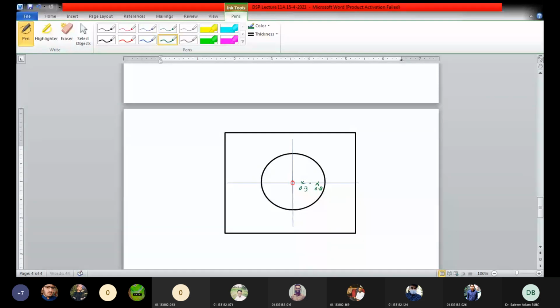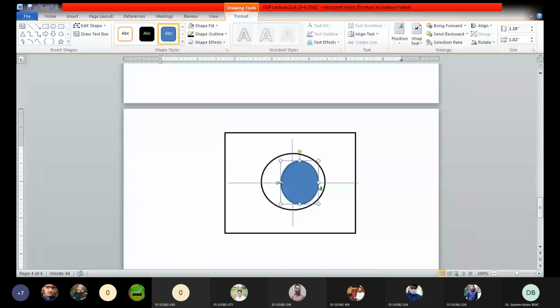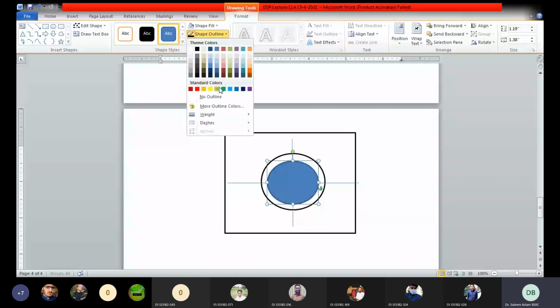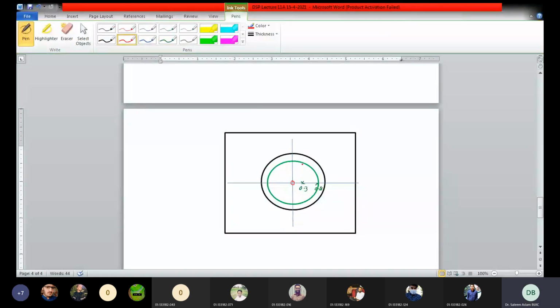Now we will plot a circle at 0.8, in green. And then the ROC will be outward. Let me plot this now with a different color so that it is easy to see. So now your ROC will be like this. Okay?